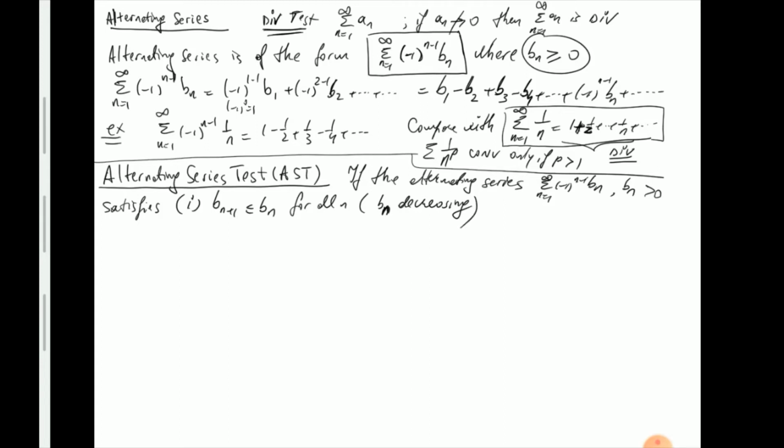In reality, the decreasing doesn't have to be for all n. It can be for all n greater than a number. Remember the overarching rule that if the first couple of terms don't fit a certain pattern or hypothesis that you need, that doesn't really matter if the rest of the series satisfies those conditions.